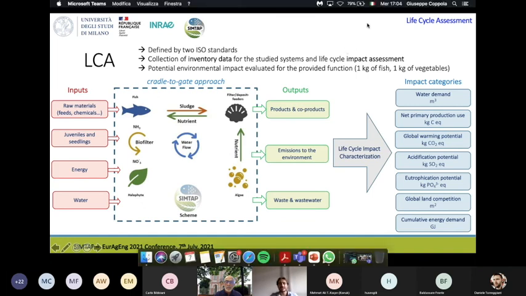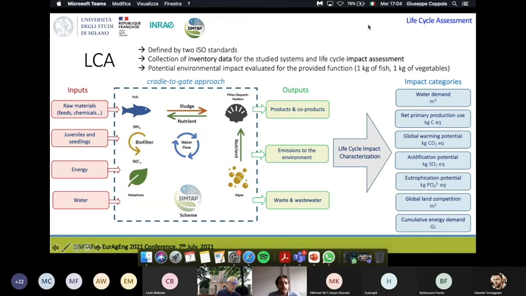So the life cycle assessment is a methodology that allows to estimate the environmental impact related to the life cycle of a product or a service, basically. The methodology is defined by two ISO standards, the 14040 and the 14044.